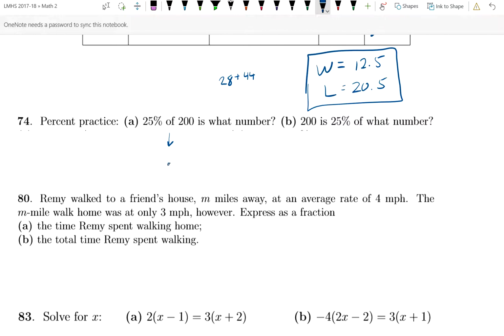So that's a multiply, I'll put a dot here for multiply. And what does is mean? Equals. So we're just going to do 25%, and you have to put that into decimals. What's 25% in decimals? 0.25, easy peasy. Of, so times 200 is what number? 50.